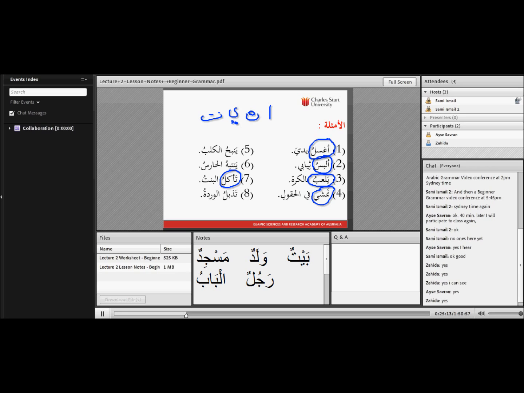So if you know one of the meanings, you can get a sense of the meanings in the other verb forms as well. So vocabulary is quite important, and I think that should be enough for the examples of fi'al mudari, and we'll go to the next slide inshallah.